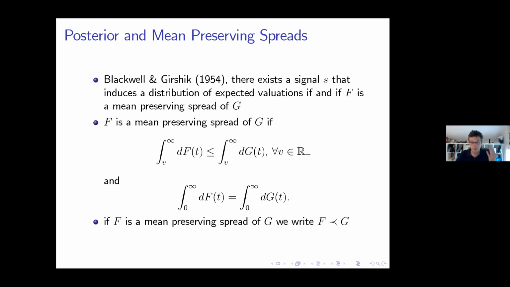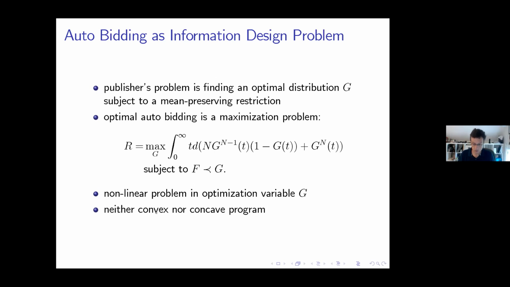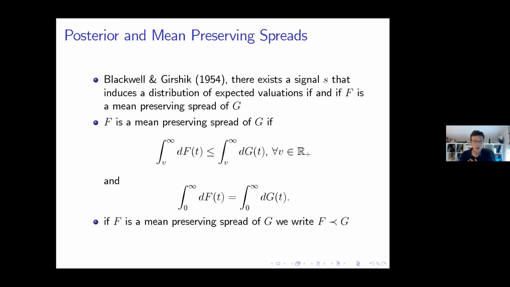The feasibility is actually more standard, because we know that we can choose any distribution G as long as F is a mean preserving spread of G. Of course, F, the true valuation distribution, must be a mean preserving spread of our posterior expectation, because the posterior expectation at most can tell us as much as the true values are and possibly can tell us less.